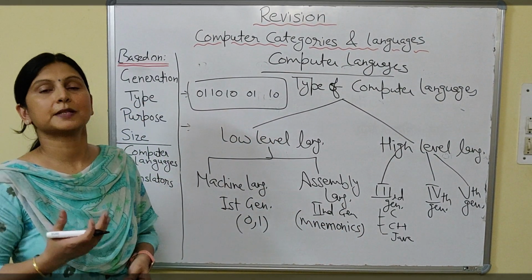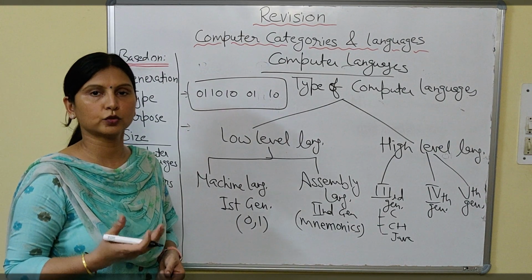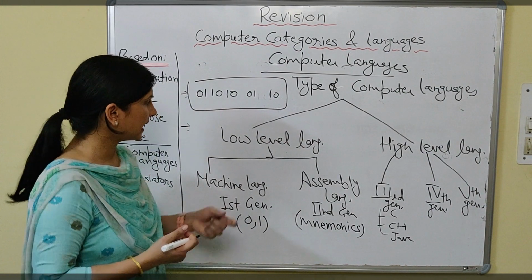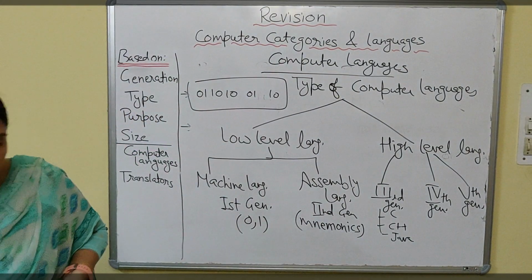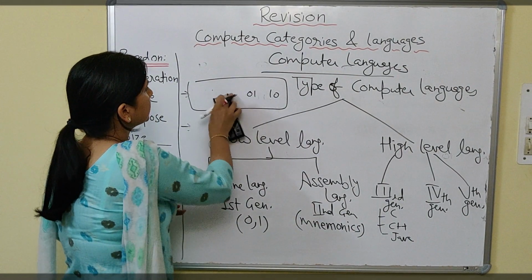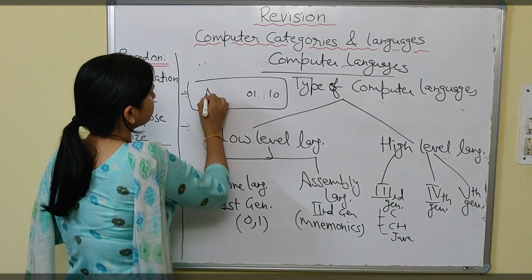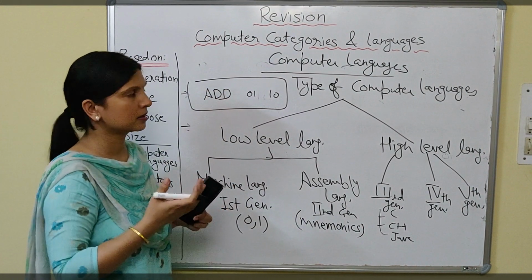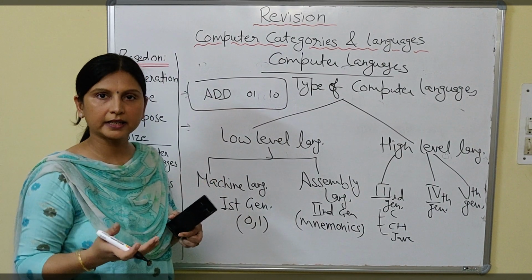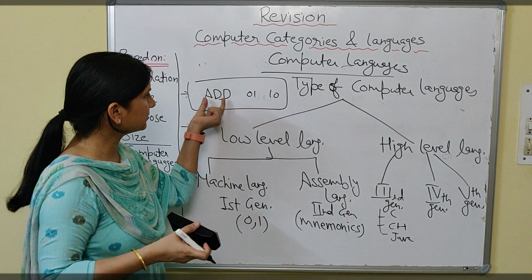Mnemonics are the special symbols which we use to instruct the computer. Like instead of using 0101, in assembly language we used to write ADD for addition, SUB for subtraction, STORE for storing. So we started using some symbols.